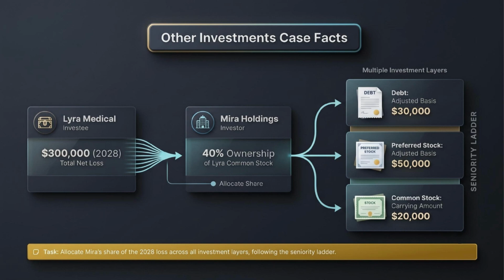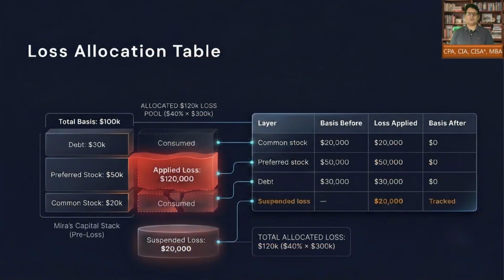We must allocate that loss across the investment layers. Mira's $120,000 loss share is allocated by exposure and seniority. Common stock absorbs $20,000 and goes to zero. Preferred stock absorbs $50,000 and goes to zero. Debt absorbs $30,000 and goes to zero.